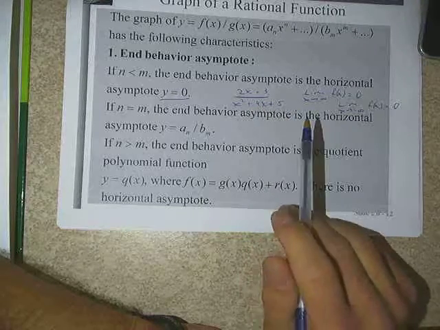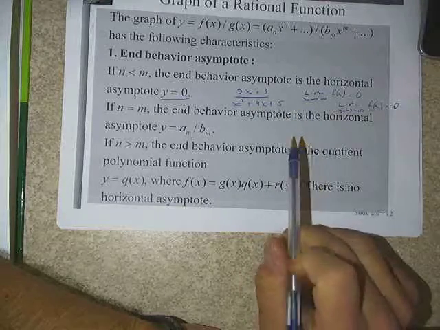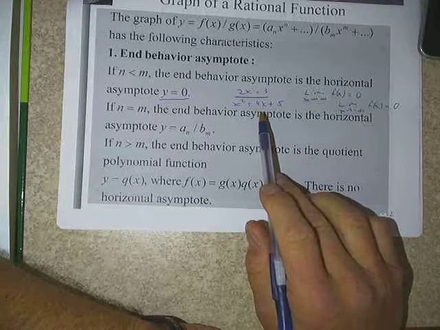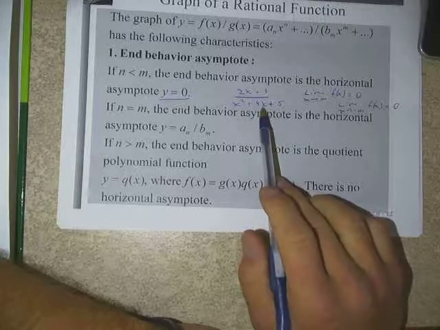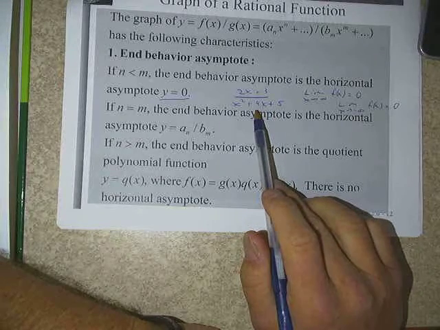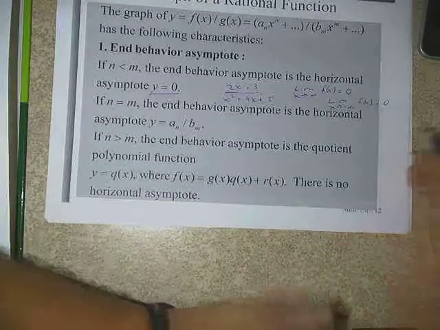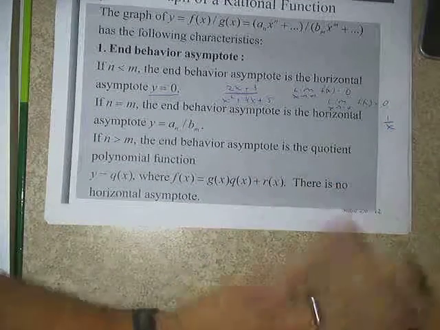True? And keep in mind, if I have a big number on the bottom and a small number on top, and I divide them, I'm going to have something close to 0. So as we let x get bigger and bigger, or smaller and smaller going left, this is going to go to 0 because the bottom function is going to grow faster than the top function.